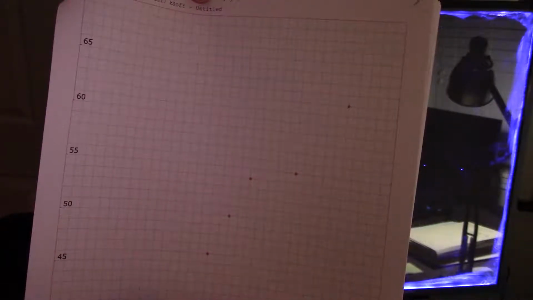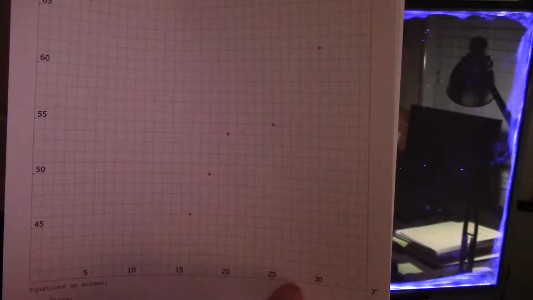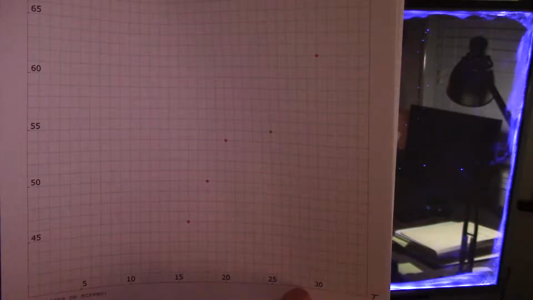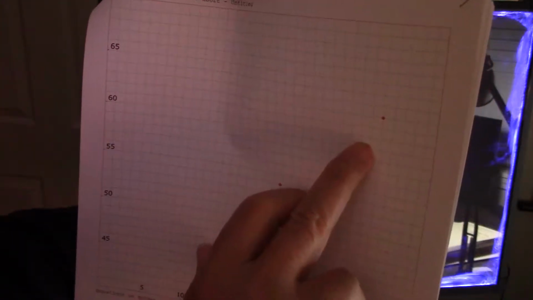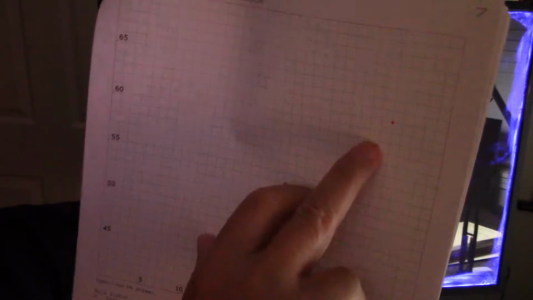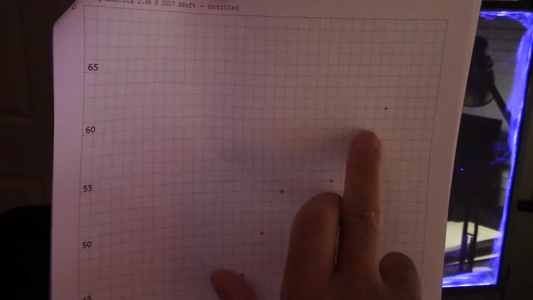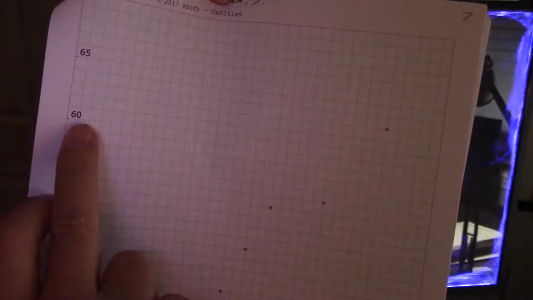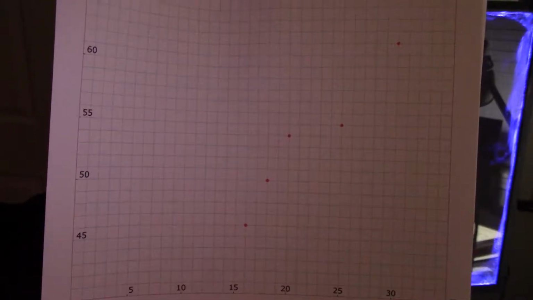Here's 25, 26, 27, 28 right there. That vertical line going up is 28. If you follow that up, it looks like it fits right in at around there, 60. Alright, so that's just a rough estimate, of course.